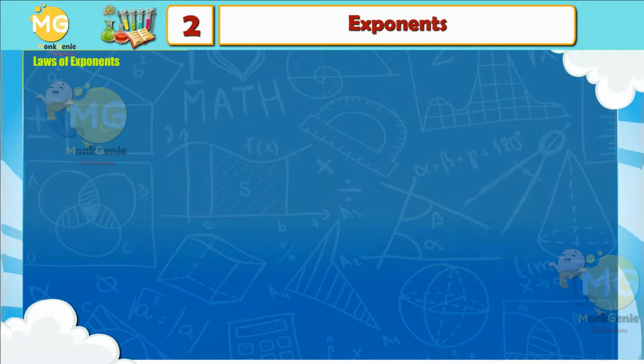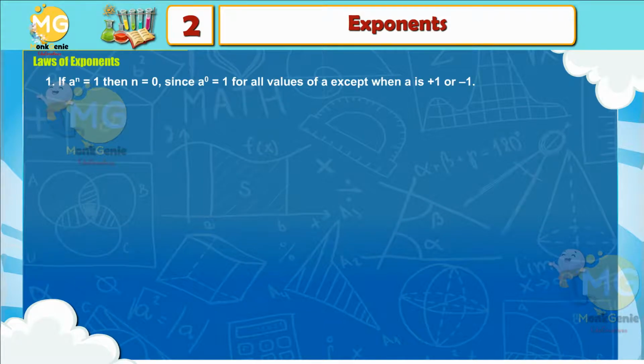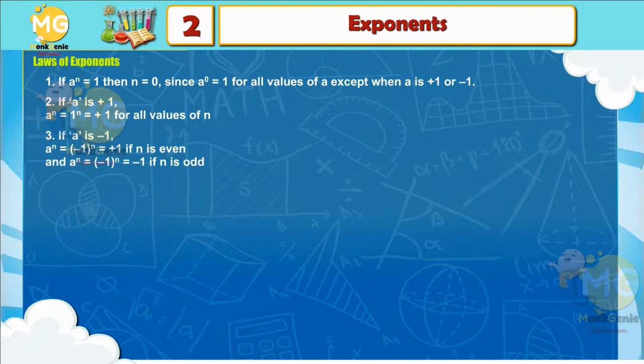Laws of exponents. 1. If a raised to the power n is equal to 1, then n is equal to 0, since a raised to the power 0 is equal to 1 for all values of a, except when a is plus 1 or minus 1. 2. If a is plus 1, a^n is equal to 1^n, which is equal to plus 1 for all values of n. 3.